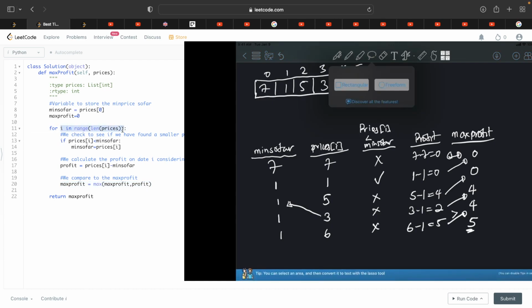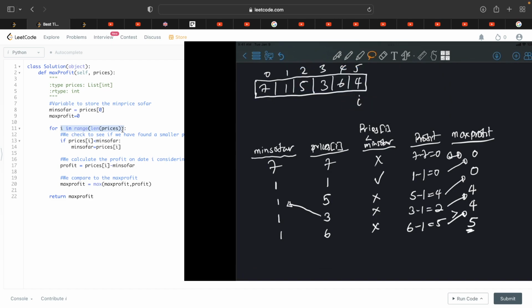As you can see on the diagram, our I is now here. So we update our prices. Our prices becomes 4. Is 4 less than our min so far? No, so min so far remains as 1. We calculate our profit in the code.